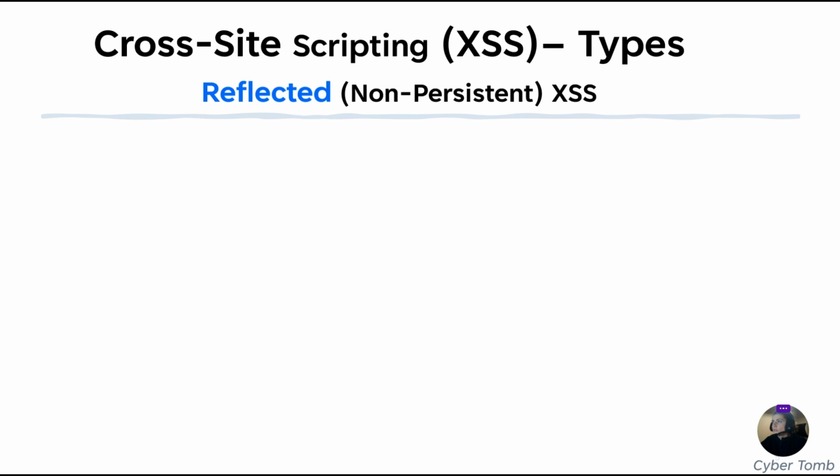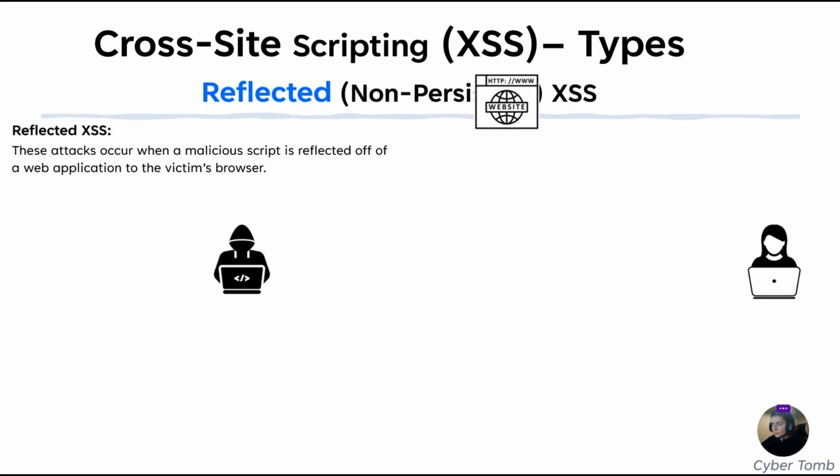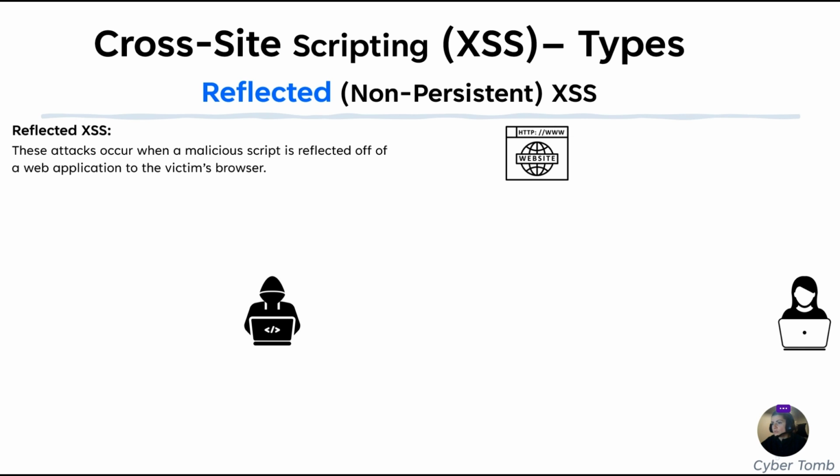The reflected or non-persistent cross-site scripting. These attacks occur when a malicious script is reflected off a web application to the victim's browser. Let's see how this works. We have the attacker. The attacker discovers a vulnerable website that enables script injection.